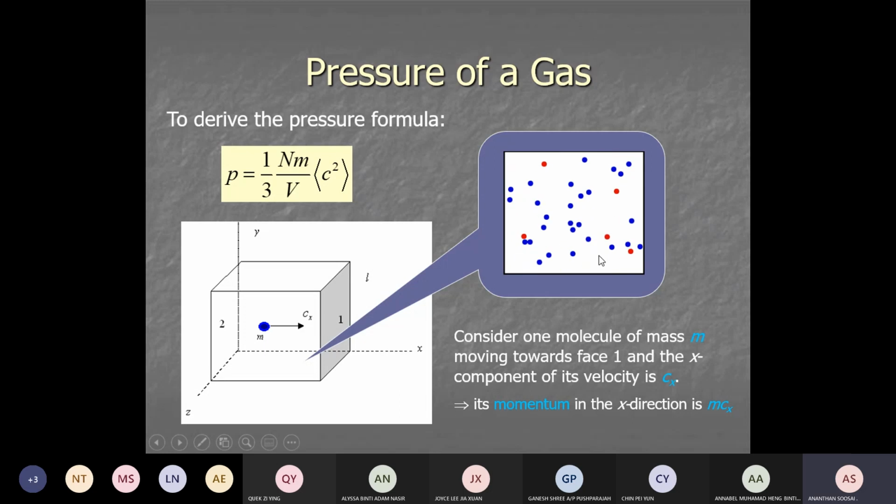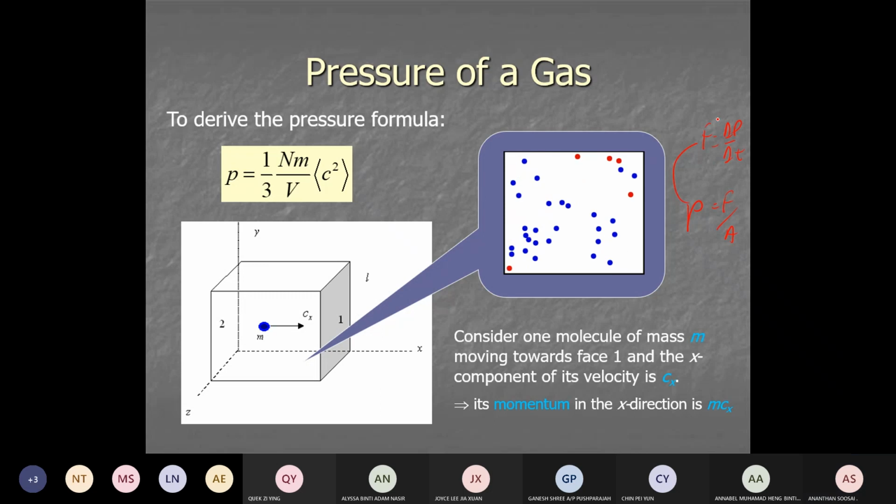Okay, so the collision of the particles causes the pressure. The derivation starts, I'll go again briefly. Pressure is force over area. What is force? Force is rate of change of momentum. What is momentum?